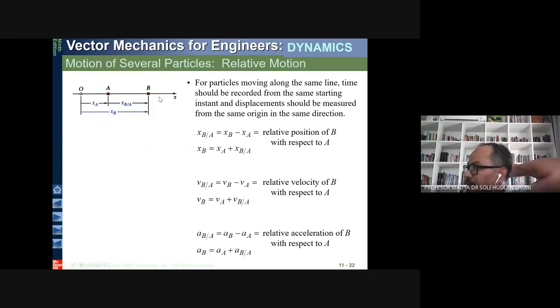Another one is what we call relative motion. This concept is also very important, so I want to explain this slide slowly. Motion of several particles, relative motion. Look at this figure.